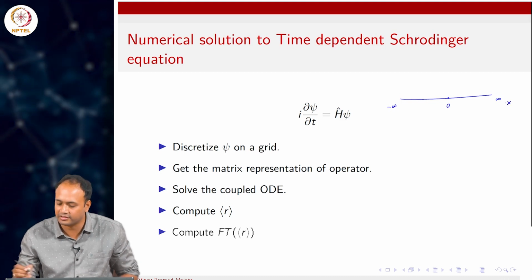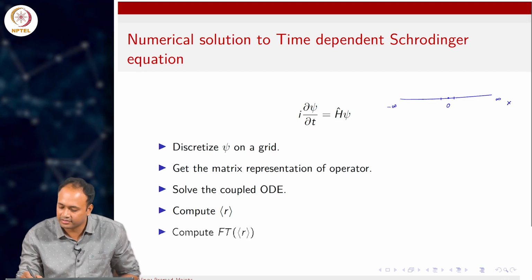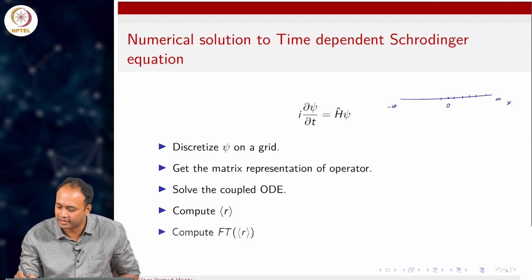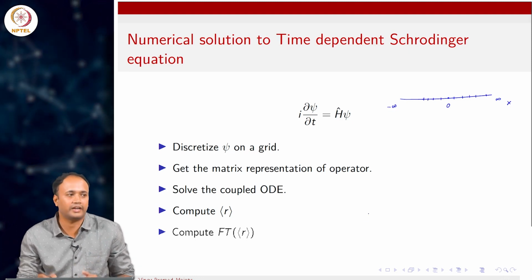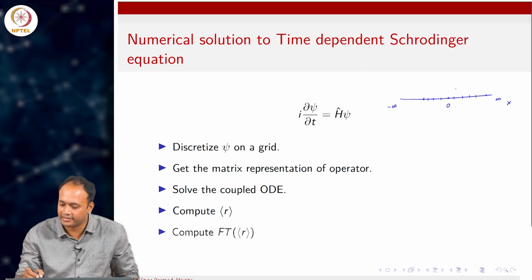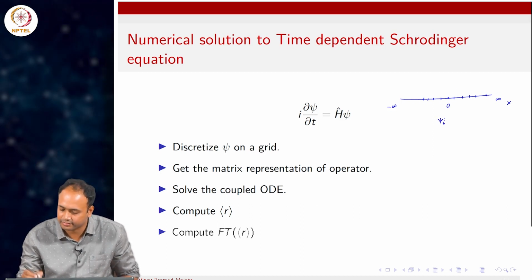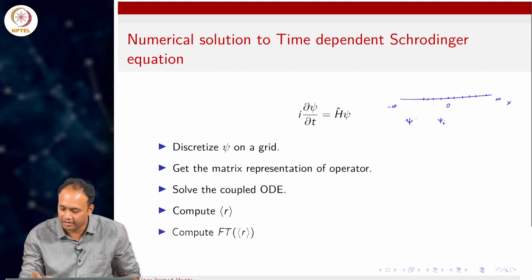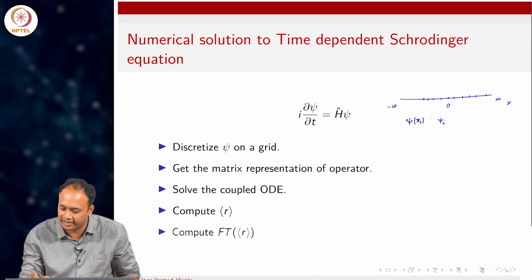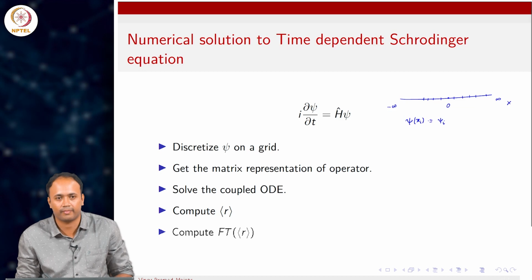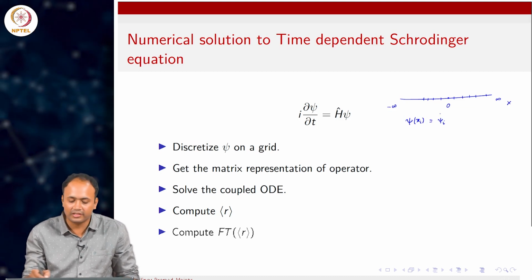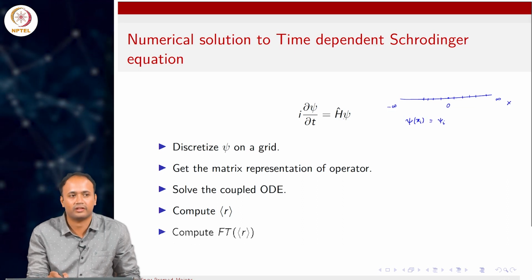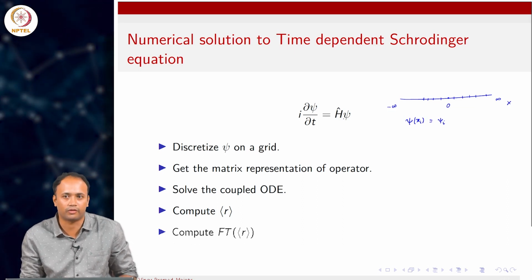You discretize, create a grid on this x axis, and then express your wave function at each of these grid points as some value psi i. So you are expressing psi at x i at each of these grid points as psi i. That's how you discretize this wave function. Once you discretize this wave function, you can set up the matrix representation of the Hamiltonian operator.